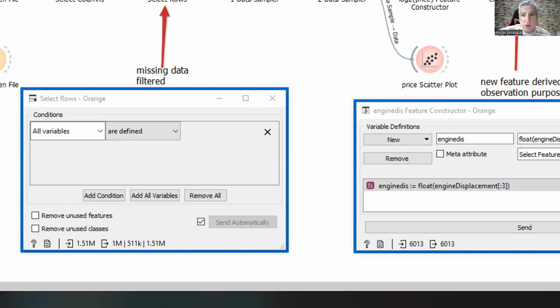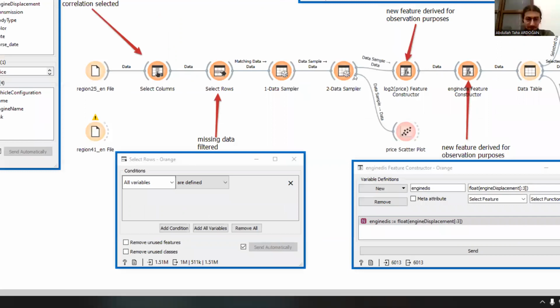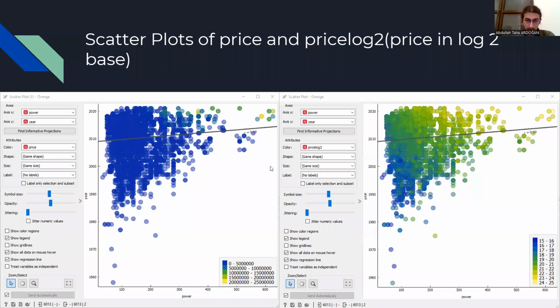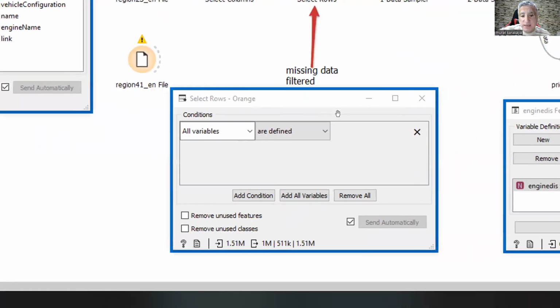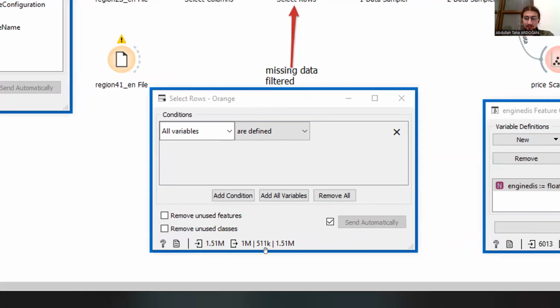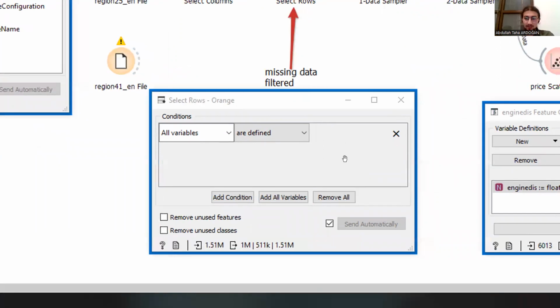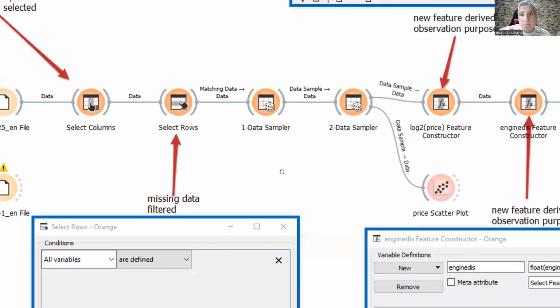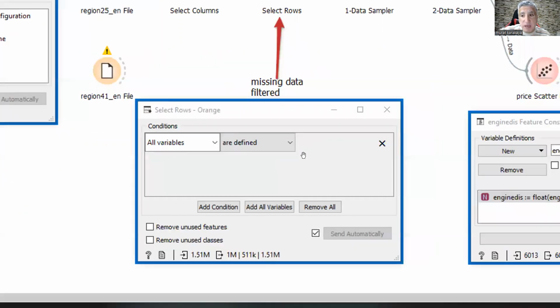No, I am not talking about results. I am talking about the size of the dataset. After removing the missing data on the next slide, you are saying that only 600, not 6,000, it's actually 500,000, because you are losing 1 million of the samples. Am I right?